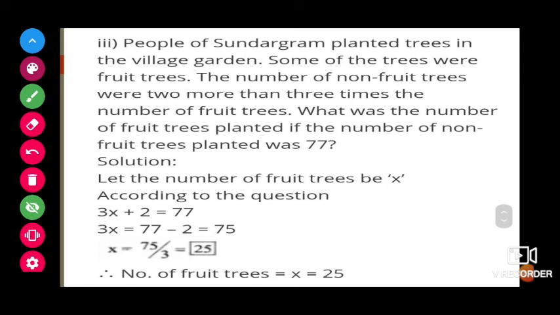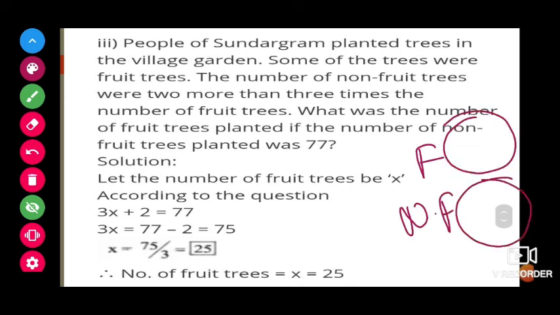Okay. Here they told that the Sundargram planted 2 types of trees in the garden. One is fruit trees, one more is non-fruit trees, means which will give fruits, one more which will not give the fruits. They have given that non-fruit trees are 77.